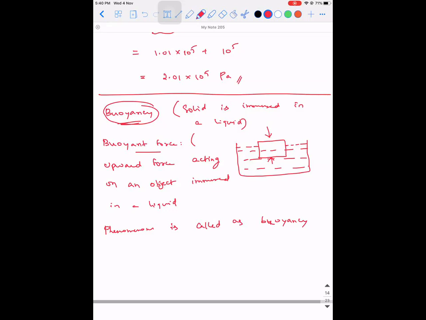Start with T. Thrust. Yes. So buoyant force is acting in the upward direction, and since the other name for force is thrust, buoyant force is also known as upthrust. Am I clear? Yes.